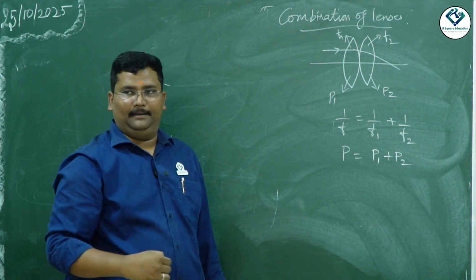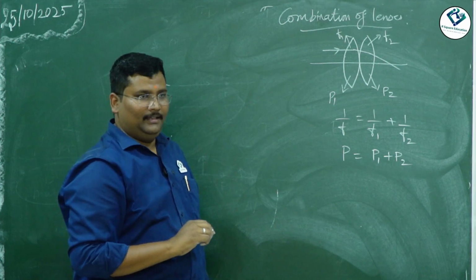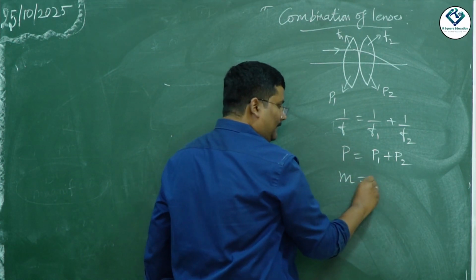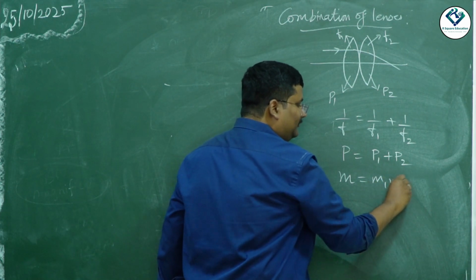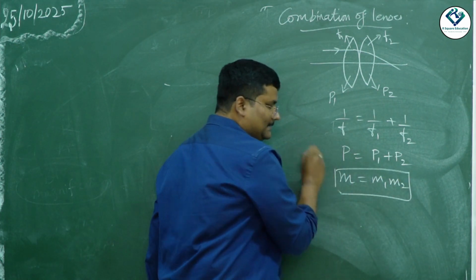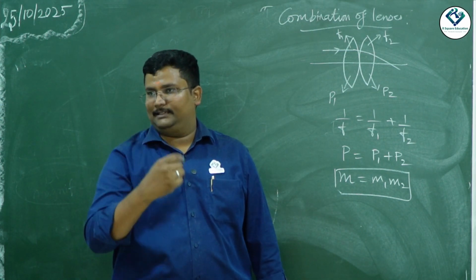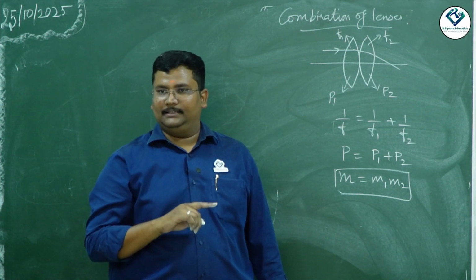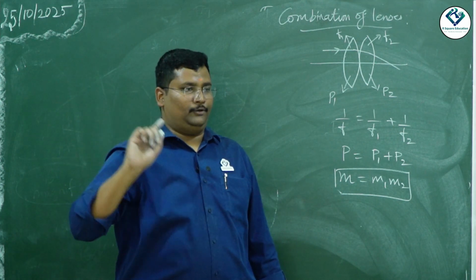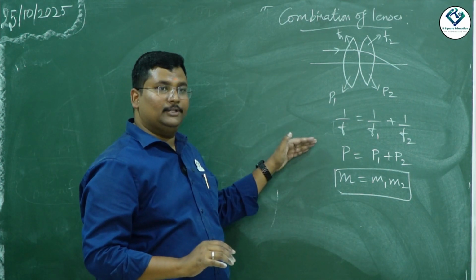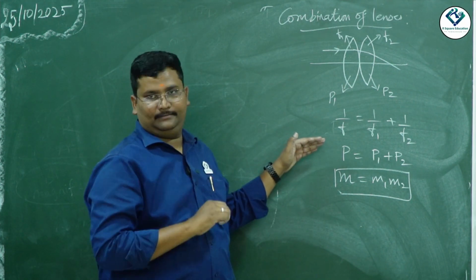But the point is magnification. When you are dealing with magnification of two lenses, the total magnification will be the product of magnifications of the two individual lenses. So what happens? Magnification becomes a product, power adds, and focal length we add reciprocally. Is it clear? This is for the combination of lenses when two lenses are in contact.